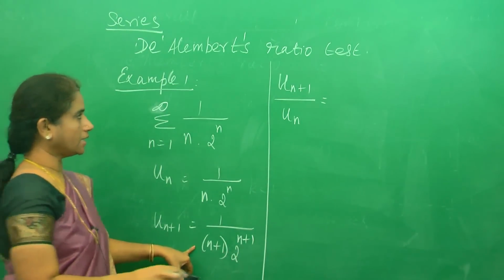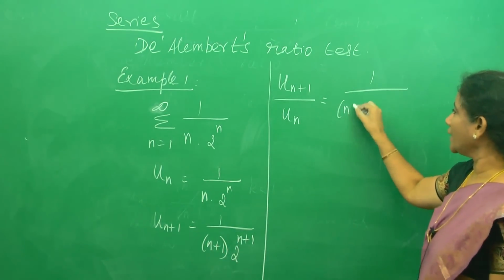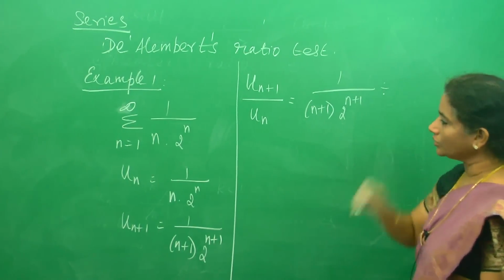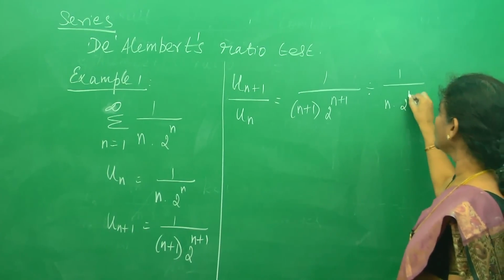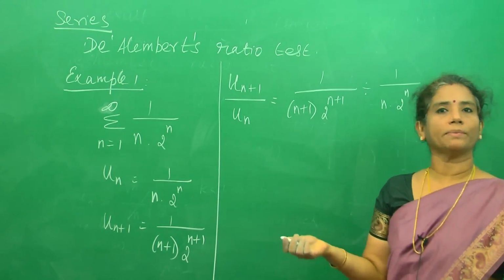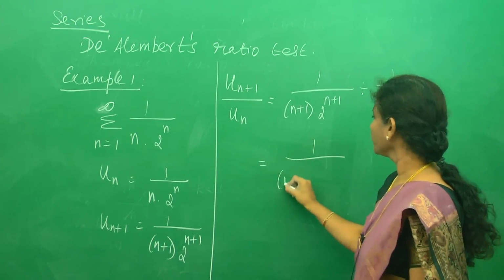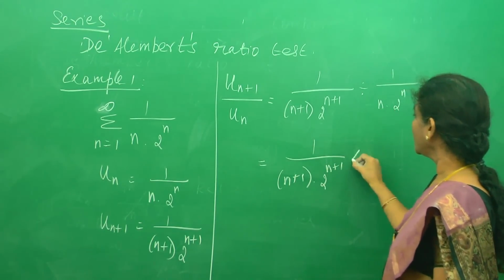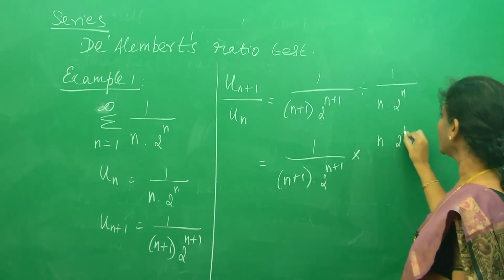Un plus 1 is nothing but 1 by n plus 1 into 2 power n plus 1, divided by 1 by n into 2 to the power of n. This is nothing but 1 by n plus 1 into 2 to the power of n plus 1, times, I will write the reciprocal, n into 2 to the power of n.